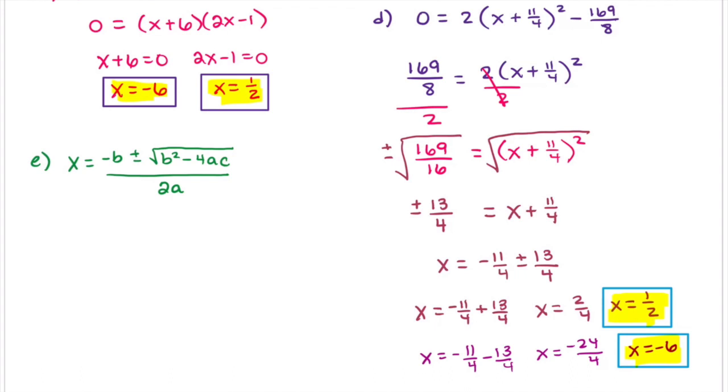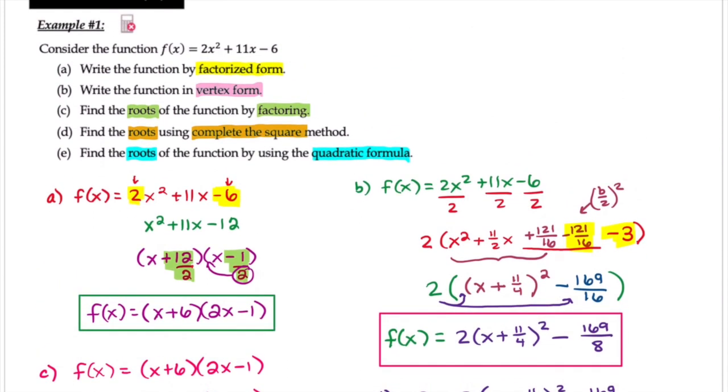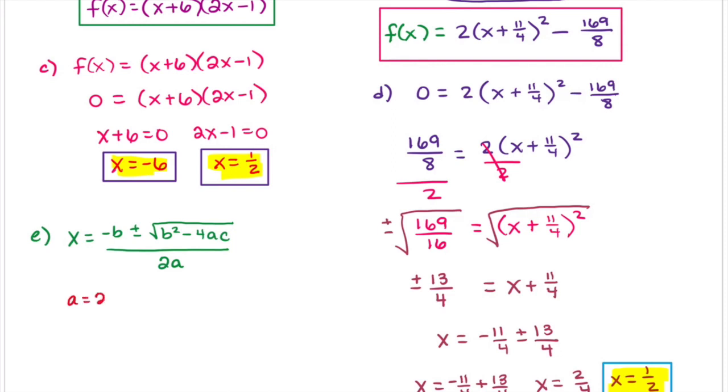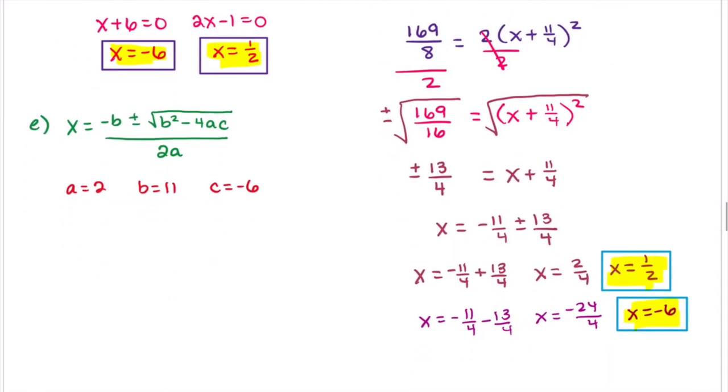So we're going to look back at our original function and identify the value of a, the value of b, and the value of c. So we have 2, 11, and negative 6. Now what we are going to do is plug in these values into our quadratic formula and simplify as much as we can, and we should get exactly those same x values.